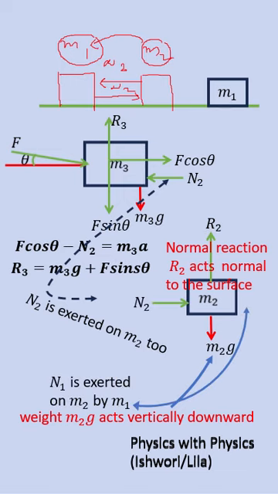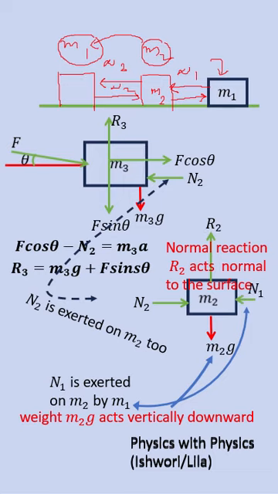For m2, this mass m1 exerts normal force, let's call it n1. Similarly, this mass m2 also exerts normal force n1 on m1 as well. Let's include those forces also.